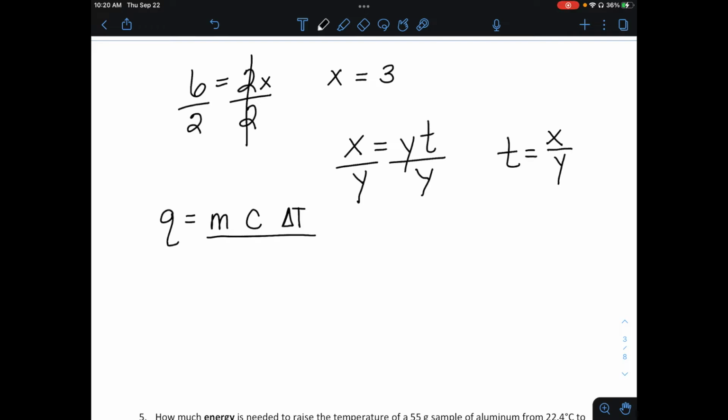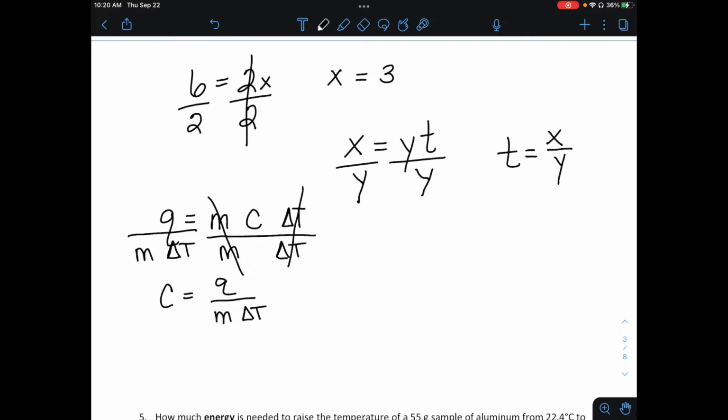In that case, we're going to divide by m and delta T. Cancel out the m, cancel out the delta T. I like to rewrite this as c equals Q over m delta T. Now I can just put the numbers into my calculator.